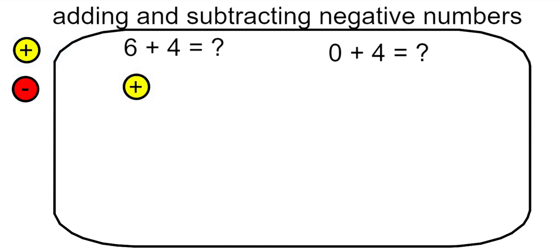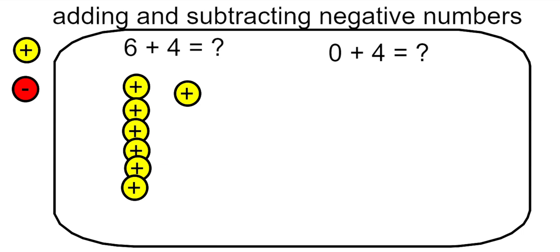If I have 1, 2, 3, 4, 5, 6 positives that I am working with, we know that the 6 is positive because any number is positive unless we are told otherwise. Since I have 6 positives and I have to add, that's what the plus sign means, 4 more positives.